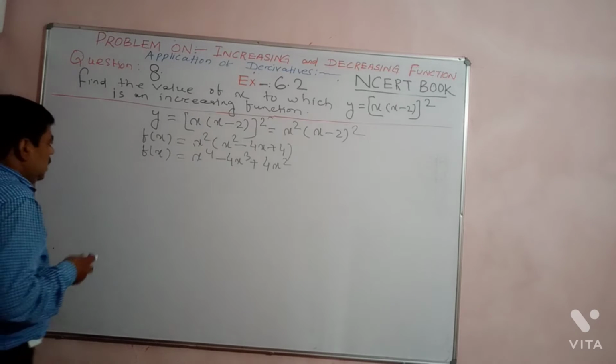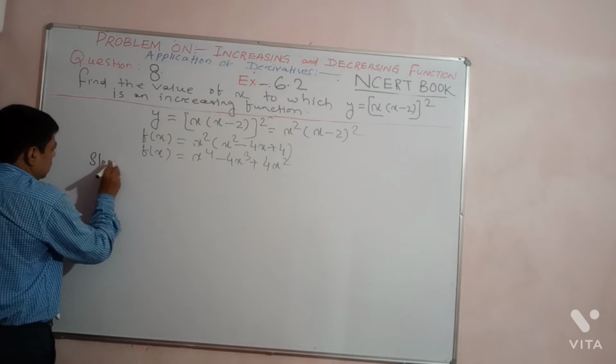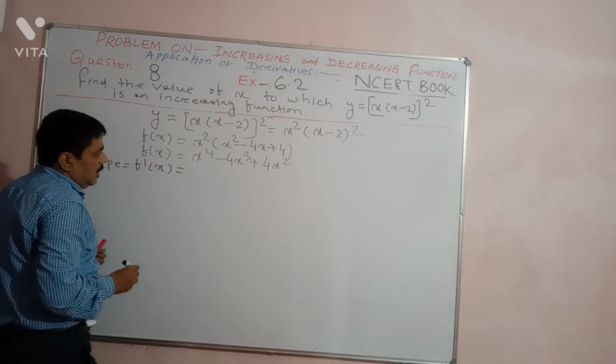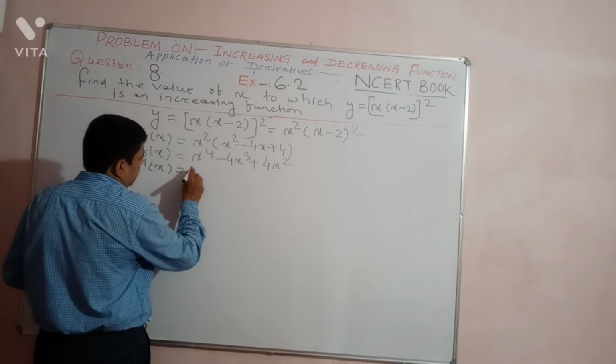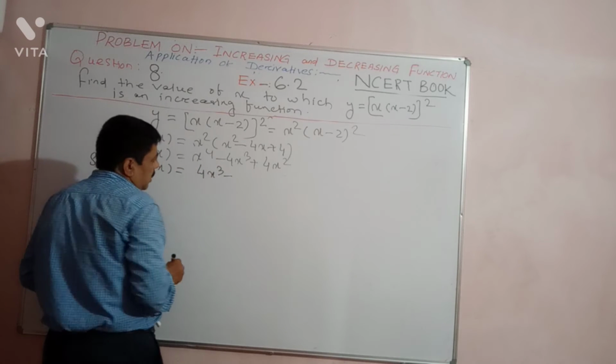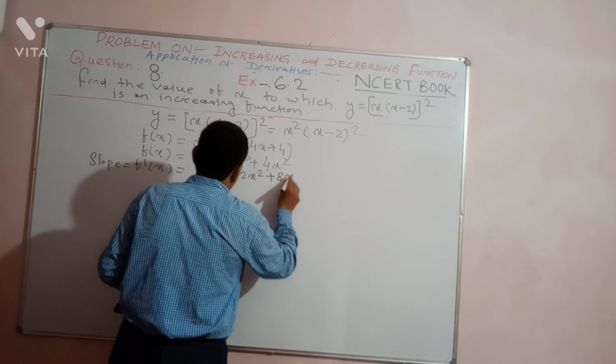So now you have to find out the slope of the function by finding the derivative. Okay, and it will be derivative of x to the power 4 is 4x cube, minus 12x square plus 8x, all of you know.